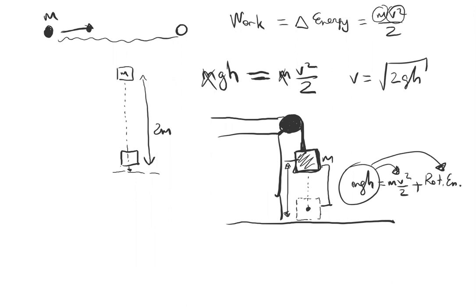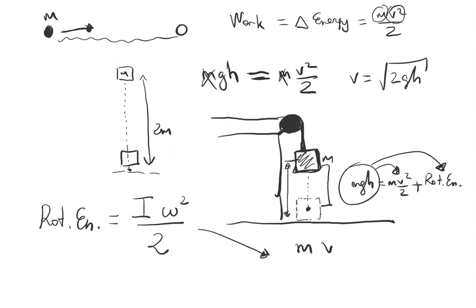Just to give you an expression for rotational energy: the rotational energy of an object is equal to its moment of inertia times its angular velocity squared divided by 2. So this is very similar to the kinetic energy where you had mass times velocity squared/2. We have talked about this already.